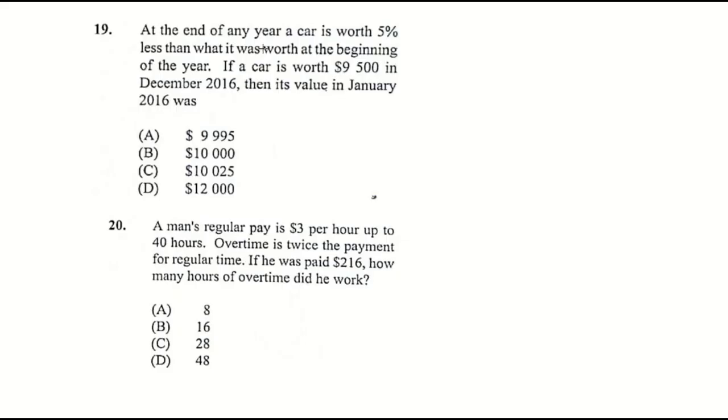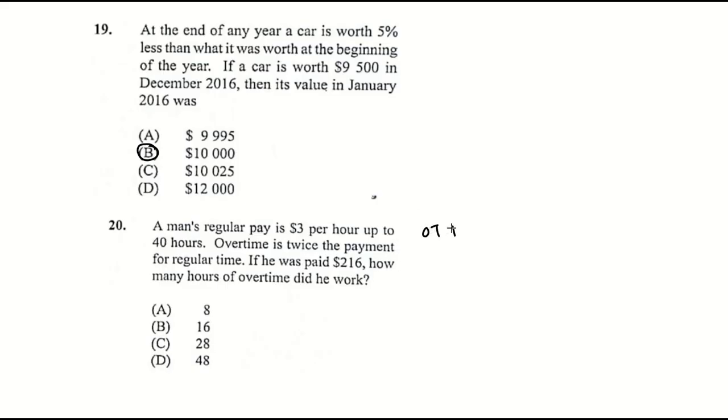For this one, at the end of the year, we did this question already. At the beginning of January 2026 was 10,000. A man is regularly paid $3 per hour up to 40 hours. Overtime is paid twice, so he's paid $6 an hour. If he's paid $216, how many hours of overtime did he work?